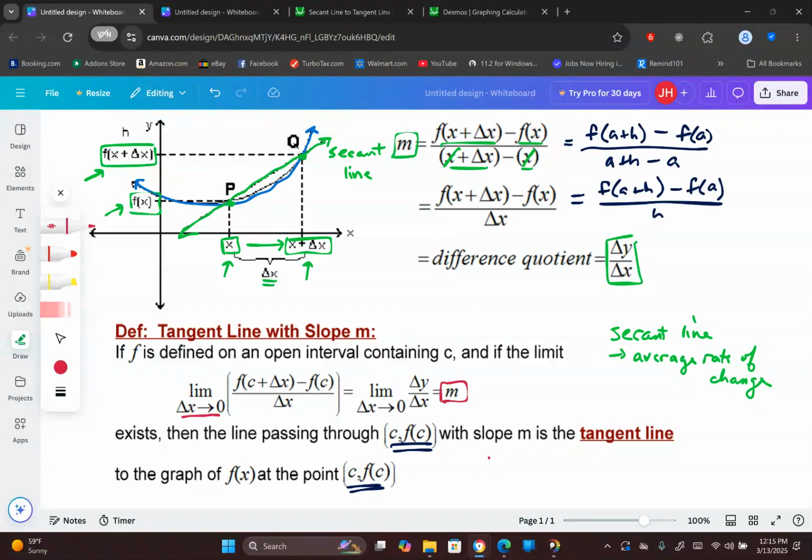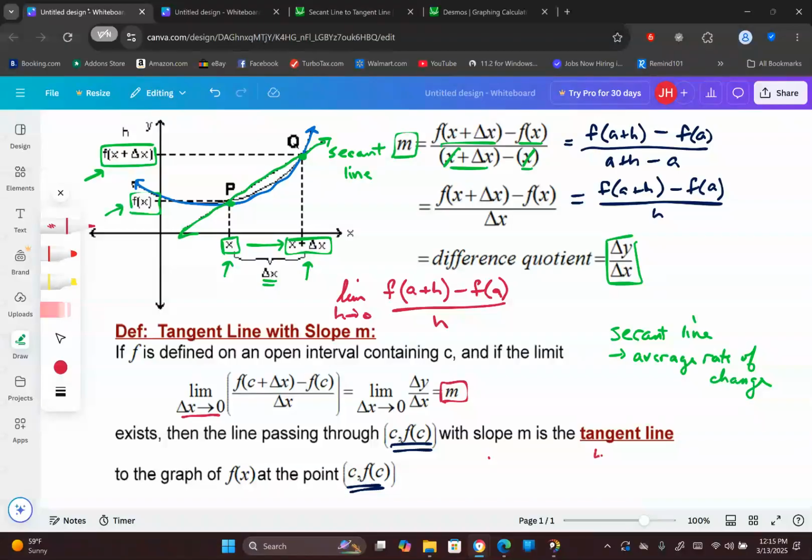Okay? If I wrote this formula with the h's, it would be the limit as h approaches 0 of f of a plus h minus f of a all over h. And again, c is just a, it's just an x value. This is how you find the slope of a tangent line at a particular point.